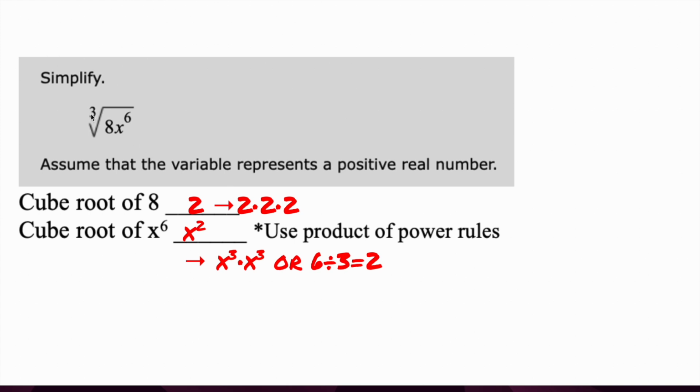In the original video, when I did this for square roots of polynomials, I was dividing by 2 because those were square roots. On this one, I'm dividing by 3, and when I did it on the previous one for the y, I divided by 5 because that was the fifth root. So just pay attention to what root you're doing. That's what you're dividing by when you're using this little trick. So our cube root of this one would be 2x squared.